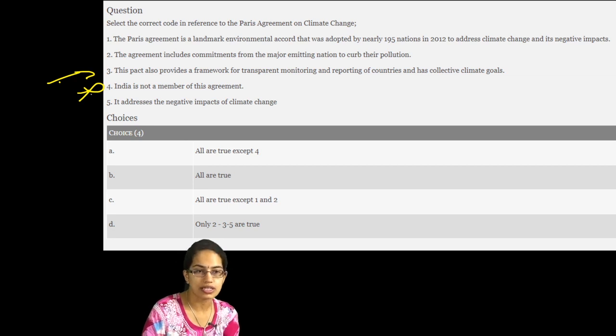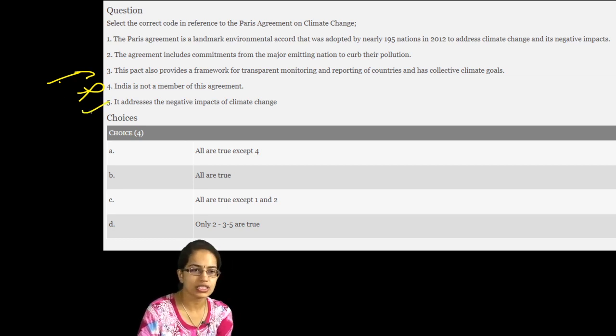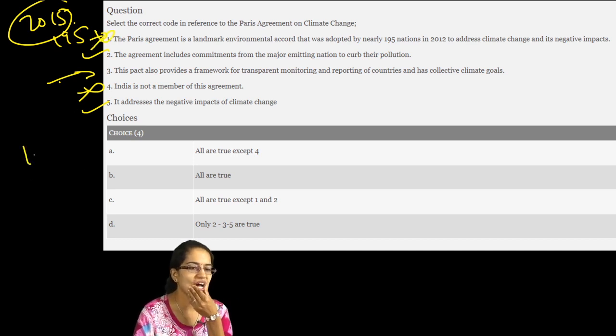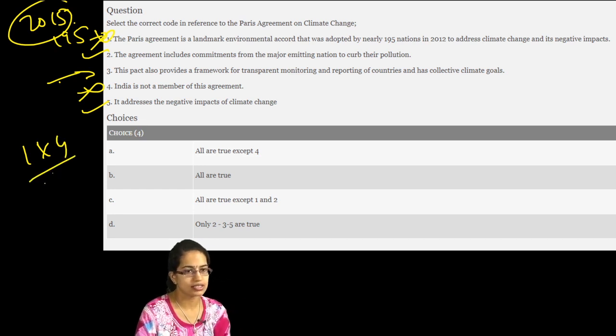It talks about the negative impacts that climate change is having onto us. We are also trying to curb the amount of pollution into the atmosphere. It was adopted by 195 nations in the year 2015, not 2012. So the first statement is incorrect. So first and fourth statements are incorrect. The rest three are correct statements.